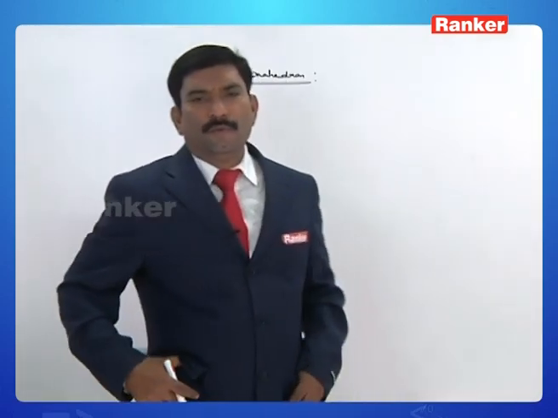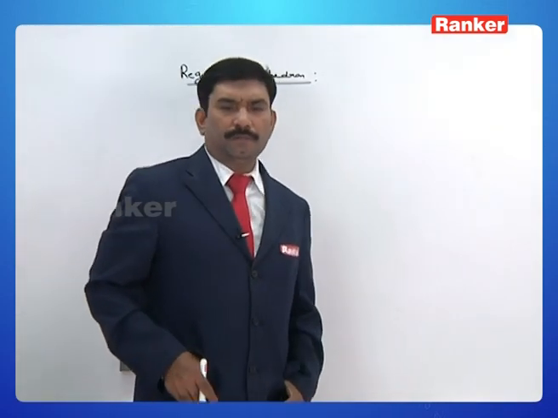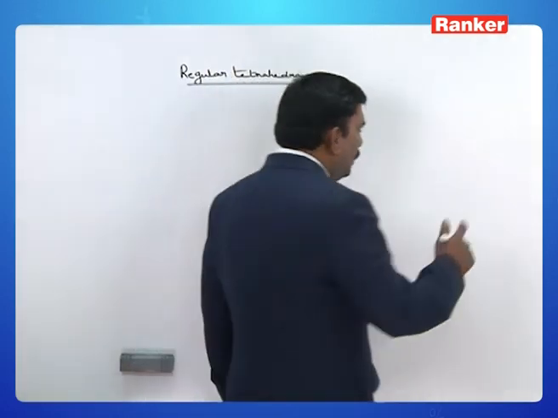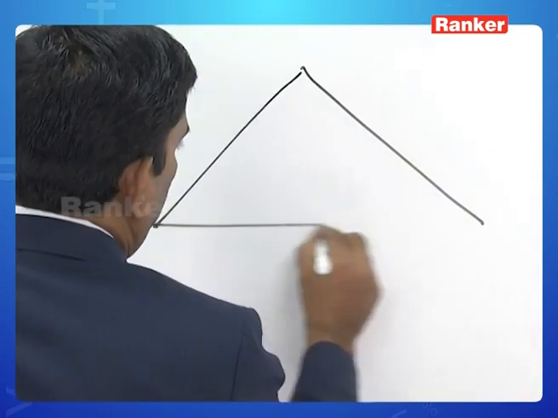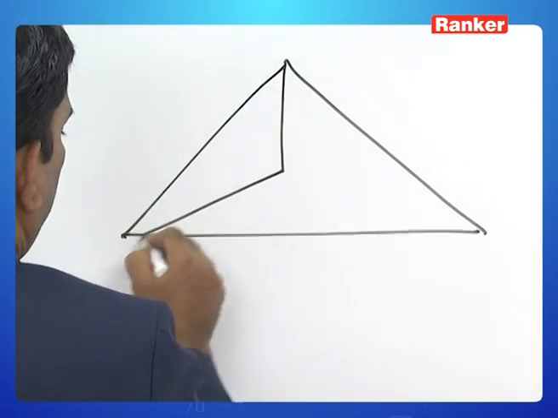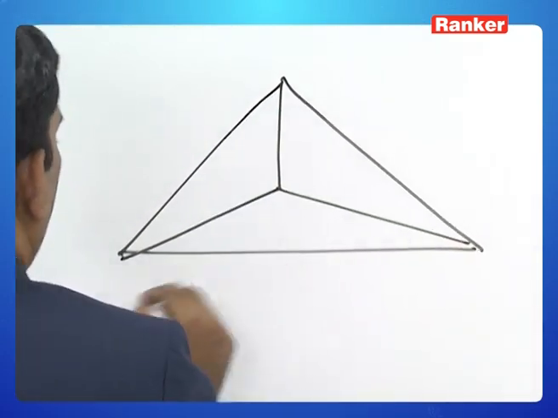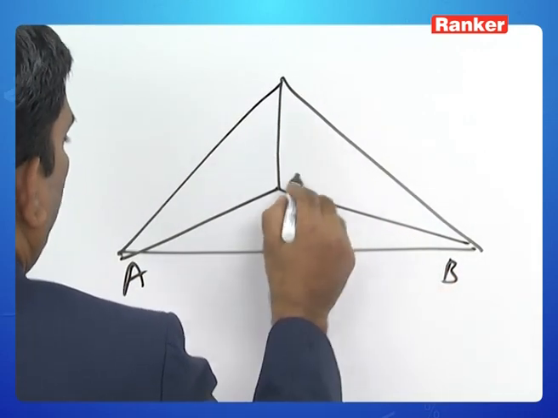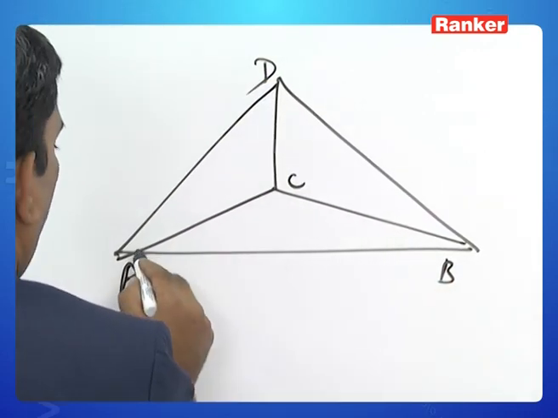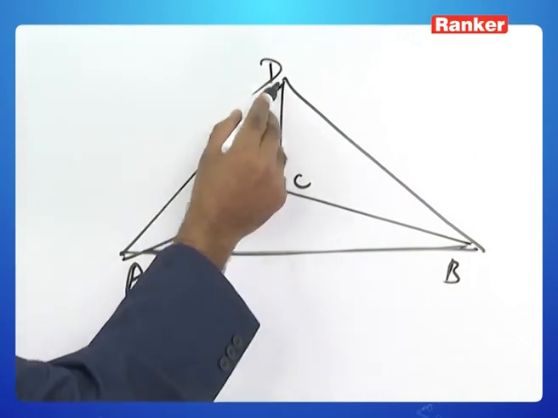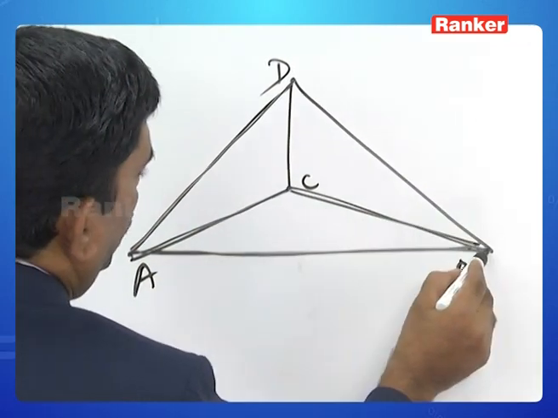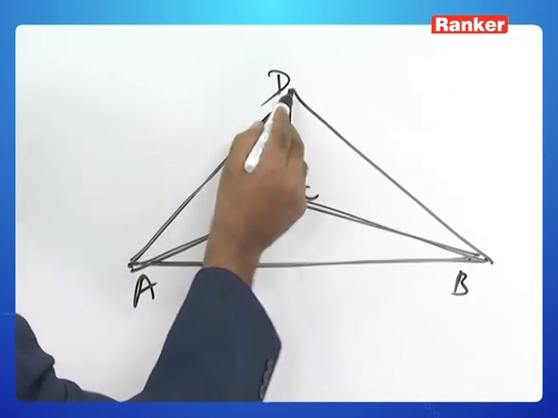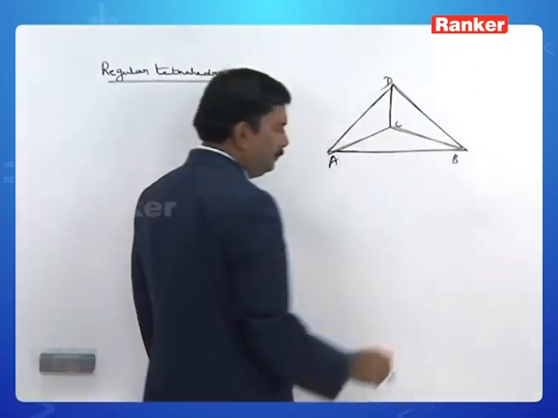Now, a regular tetrahedron has 6 edges. With vertices A, B, C, D: AB is one edge, AD is another edge, AC is another edge, BC is another edge, CD is another edge, BD is another edge.